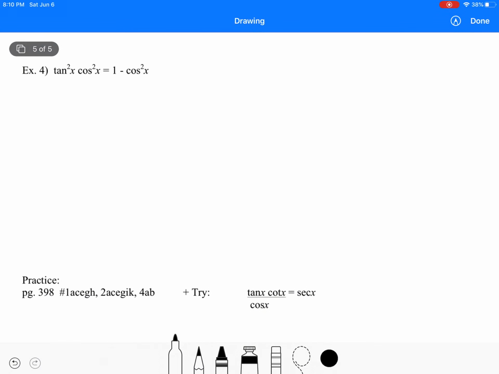So the last one, I'm going to change the right side here. I know the right side is actually just sine squared. Now that might not be easier, but now I can look at either this or this. Okay, so the left side, now I changed the right side using the Pythagorean identity.